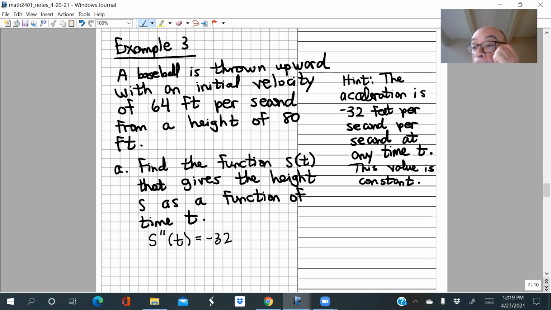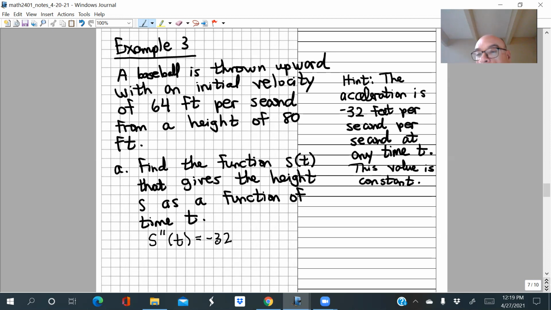By the way, it's a constant function, Van, because acceleration is always minus 32 at any time t. So there doesn't have to be any t in this formula for acceleration. On Earth, acceleration is constant. It's always minus 32 for any object, this pin or this baseball or a bowling ball, if you threw it up into the air and ignore wind resistance.